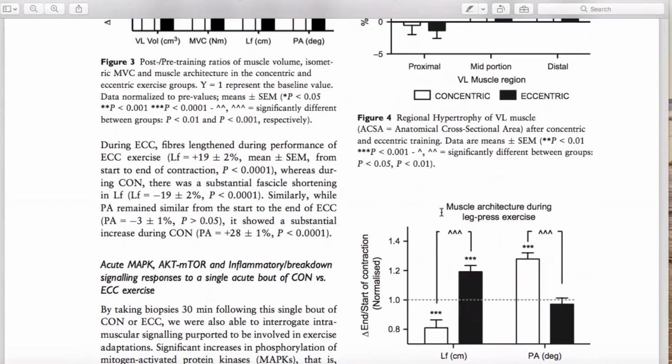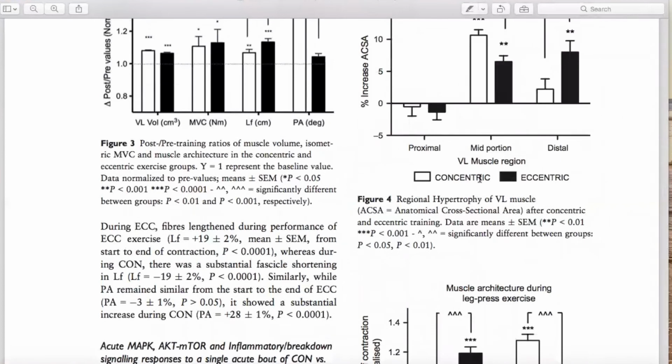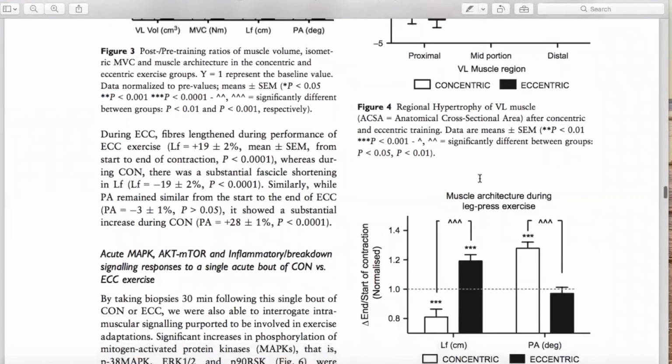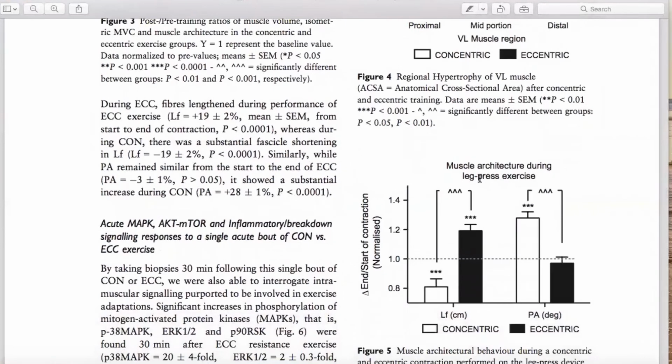But this is not the first time that similar hypertrophy can occur as a result of eccentric or concentric training compared to each other. What we wanted to understand was the cause of why these two exercises bring the same level of hypertrophy, but with two different pathways of hypertrophy, of architectural remodeling.